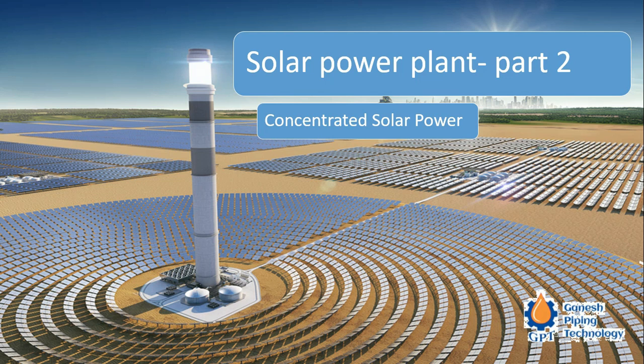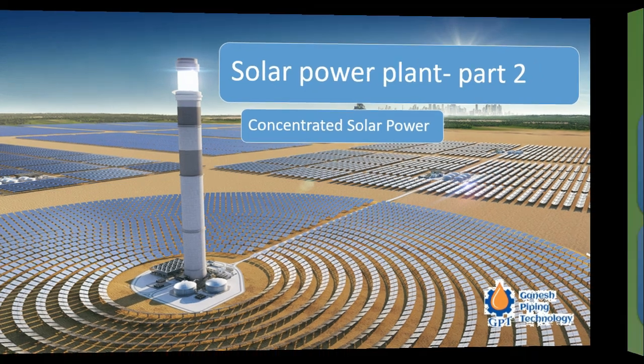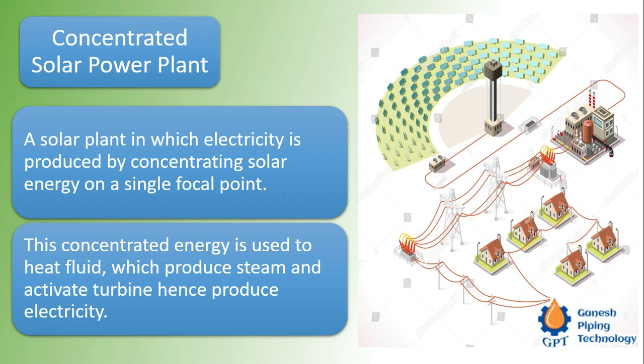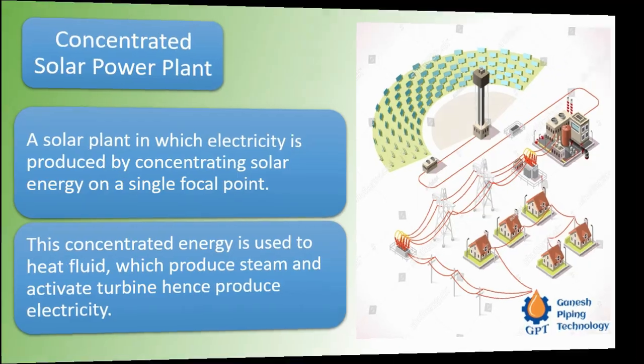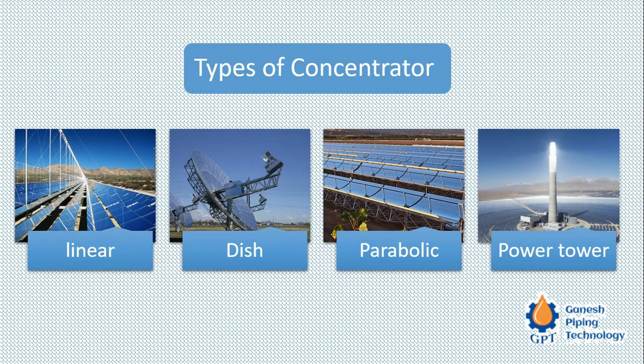There is a heat exchanger, and in that heat exchanger there is a heat transfer from the molten fluid to the water, which produces steam, and that steam is utilized to run the turbines, and in return it generates the electric power. So these mirrors which we have seen are the concentrator, because they concentrate or focus the sun rays on that top portion of the tower where the actual melting takes place.